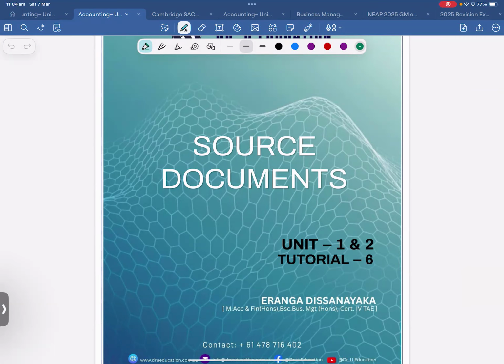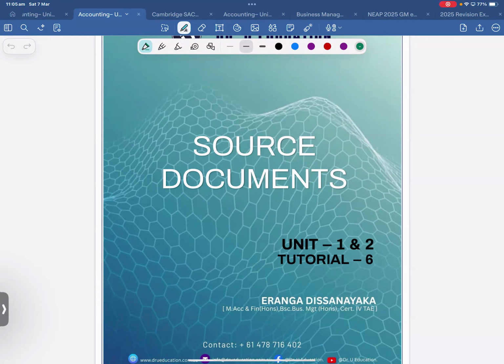The source documents basically verify the transactions, right? For example, let's say your parents give you some money to purchase maybe a book or a calculator or stationery, something like that. Then if your parents ask, if you purchased them, how do you prove it?